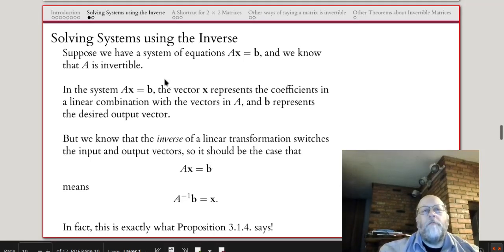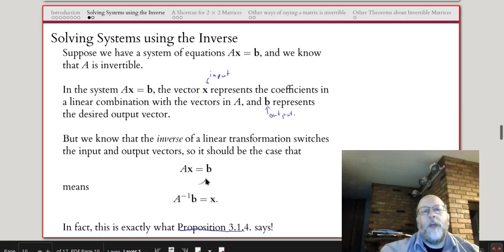So this is summarizing what 3.1.4 says. If we have a system of equations, then x represents the coefficients in a linear combination with the vectors in A, and b represents the output vectors. That is, this is the input, and this is the output. But the inverse of a linear transformation switches the input and the output.